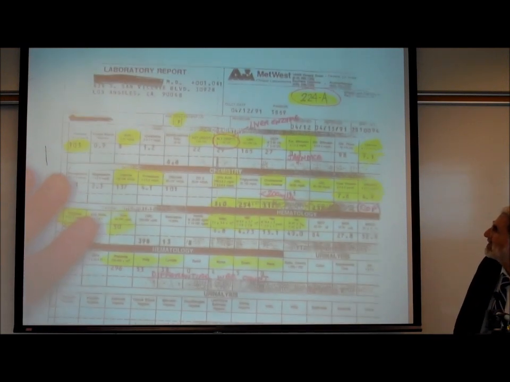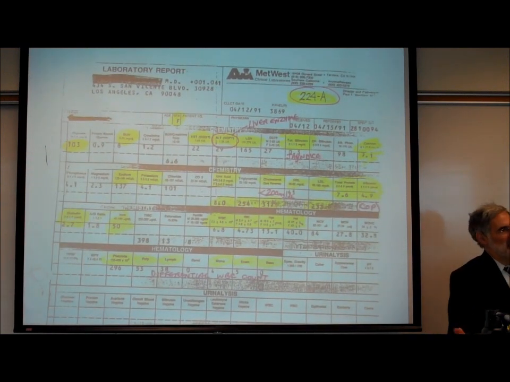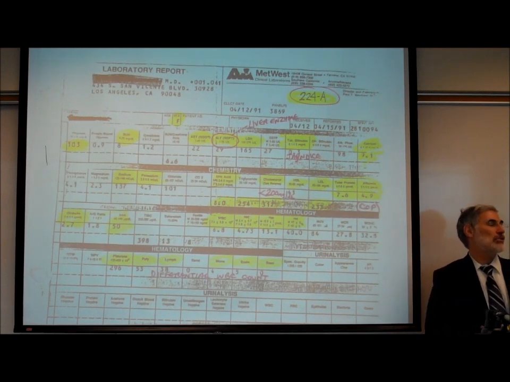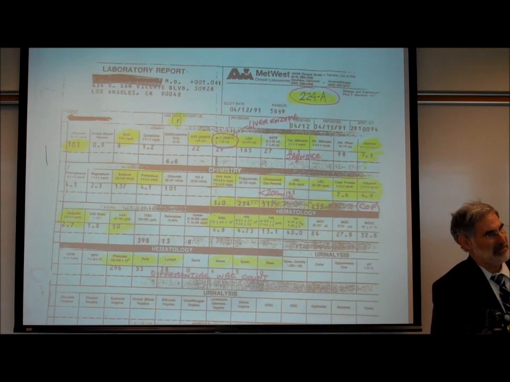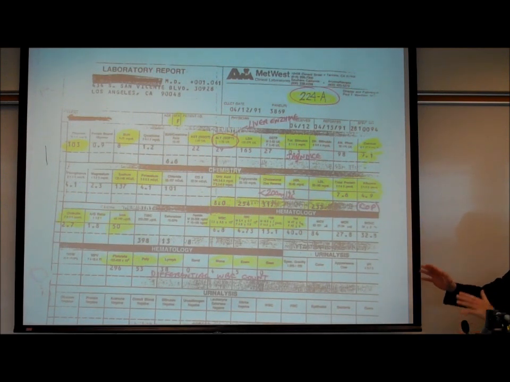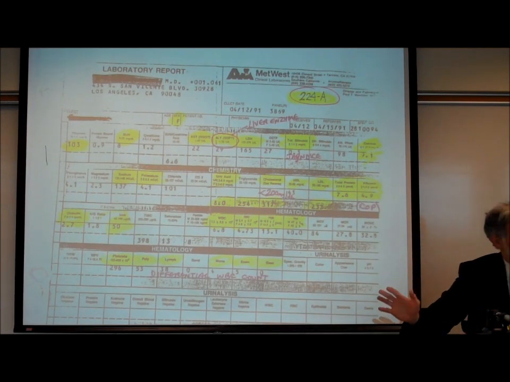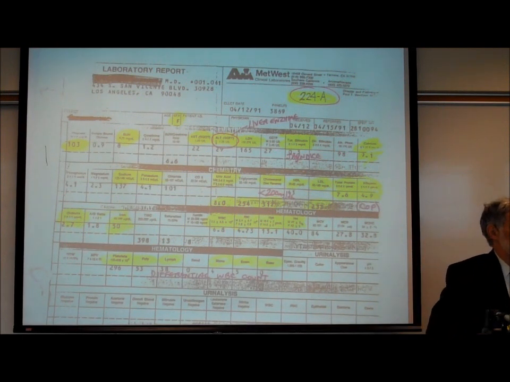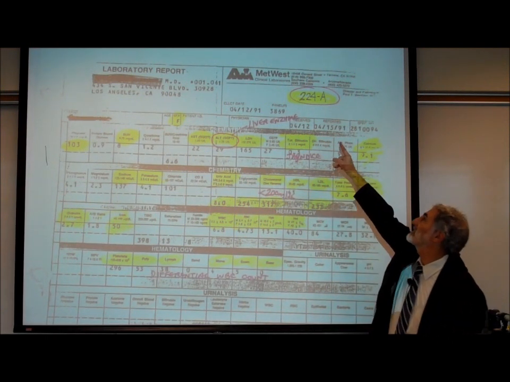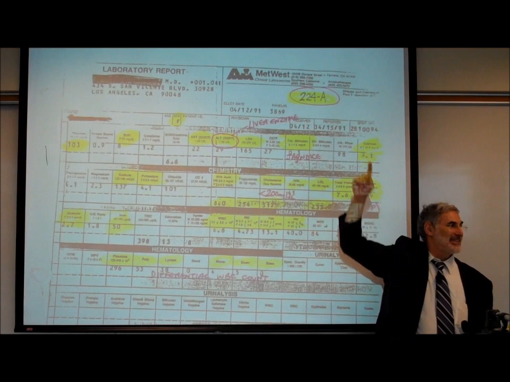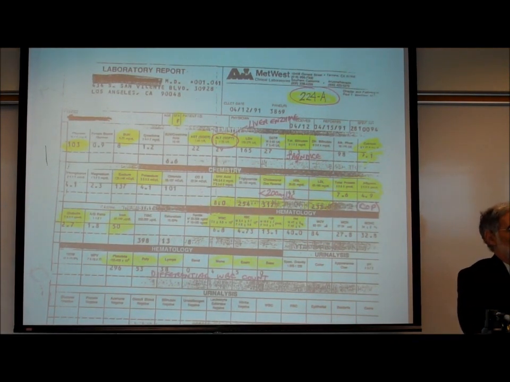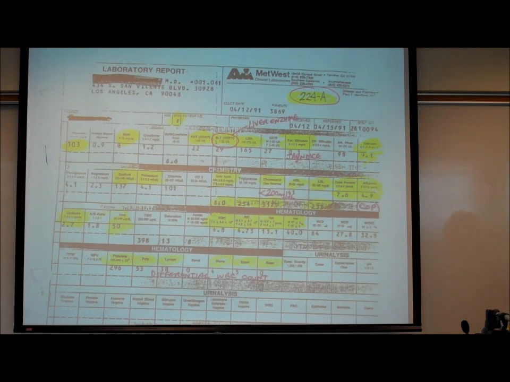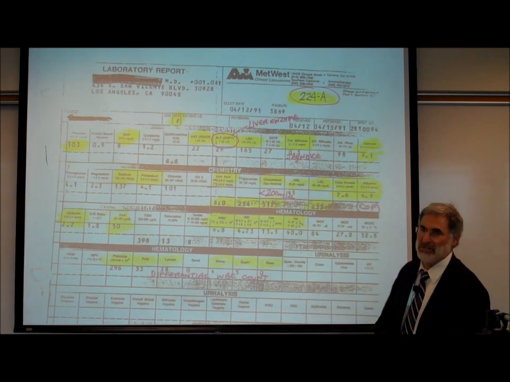I think it's fair to say that if you had looked at this on the first day of this course, you would have said, I don't know what any of this is. This is showing the most common blood tests that are typically run. Page 224, it says it right up here. These are the most common blood tests that a doctor or a hospital runs. Now, there are thousands of tests they can run, but these are the most common.